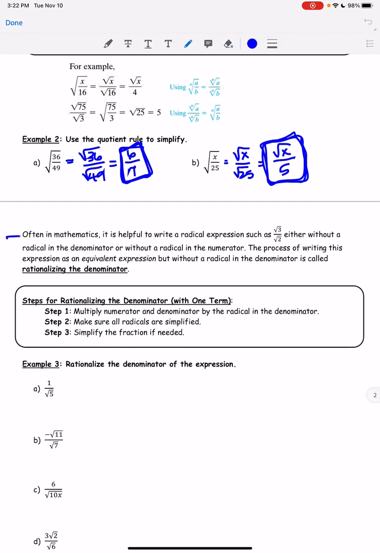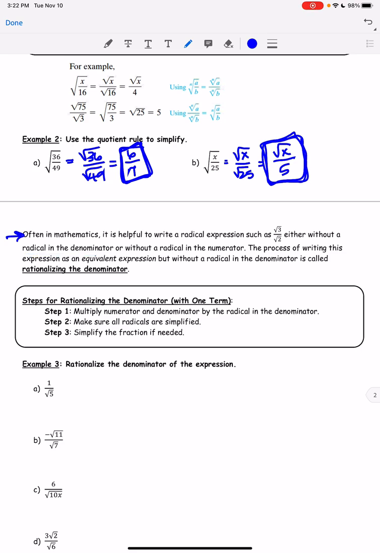All right. It says right here, often in mathematics, it is helpful to write a radical expression such as square root 3 over square root 2, either without a radical in the denominator or without a radical in the numerator. We're not going to do any of this today, but that will be in the next lesson. More times than not, you're wanting to get that radical out of the denominator.